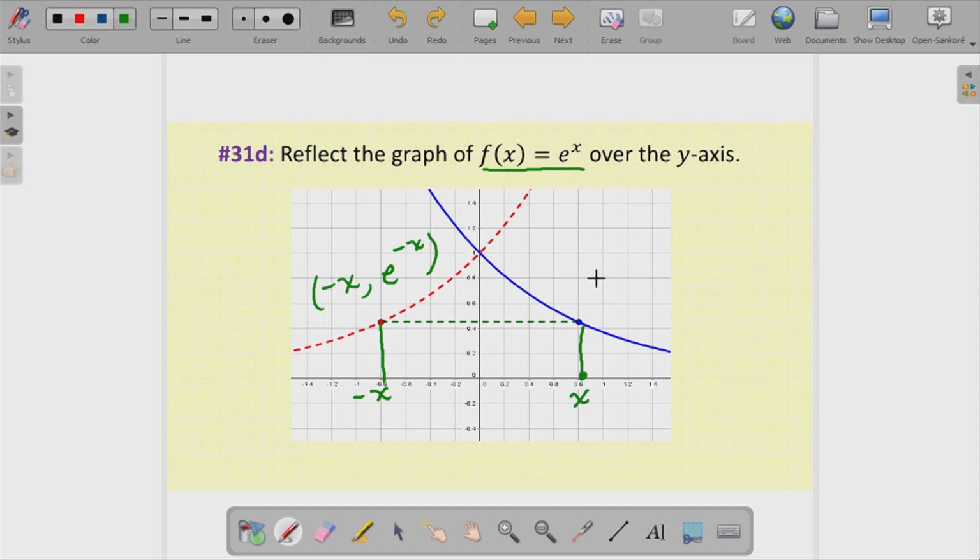And then same y-coordinate before and after the reflection. So we'll use that y-coordinate again. And now we're well on our way to writing an equation that corresponds to this blue graph. So g of x is described by the expression e to the negative x.